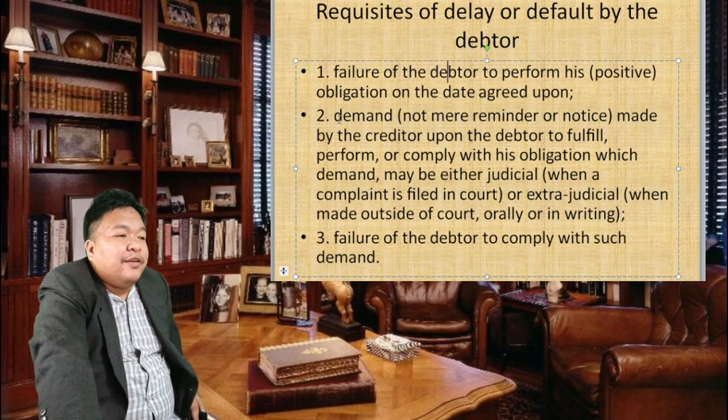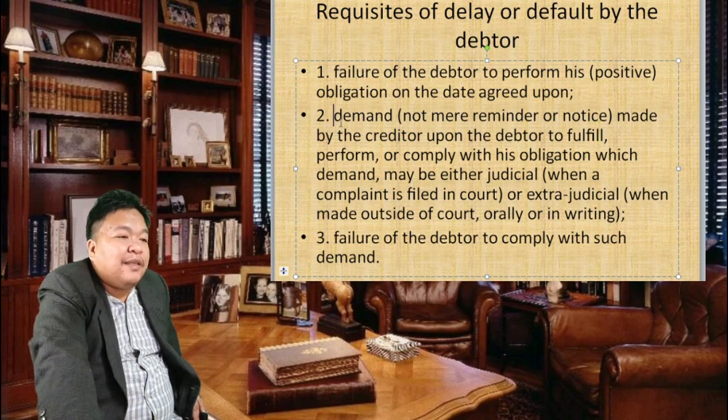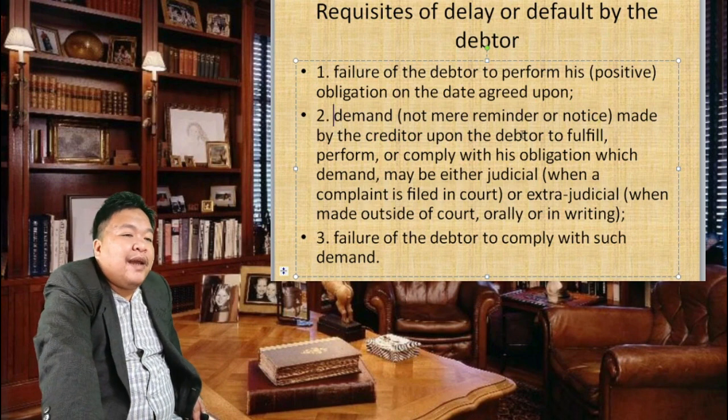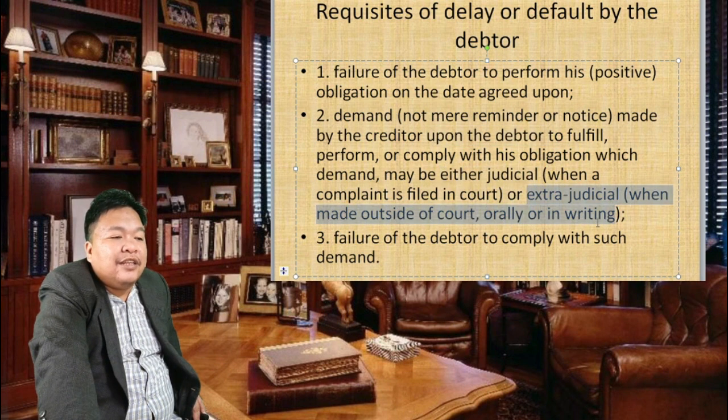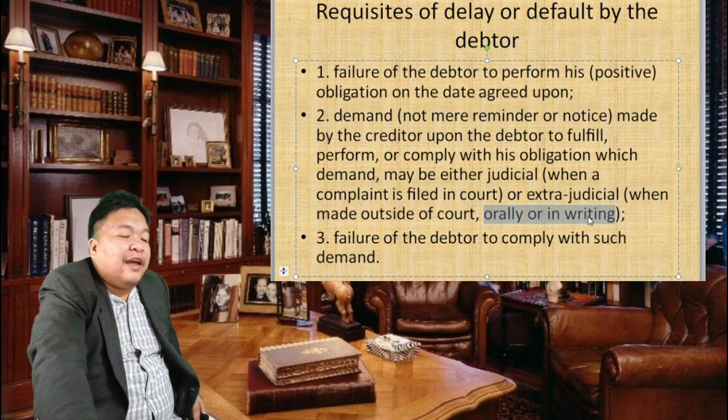Okay? So, sa delay, you need, number two, the second requisite, which is demand. Not mere reminder or notice made by the creditor upon the debtor to fulfill, perform, or comply with his obligation, which demand may be either judicial or extrajudicial, orally or in writing.